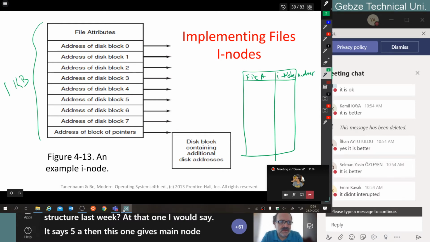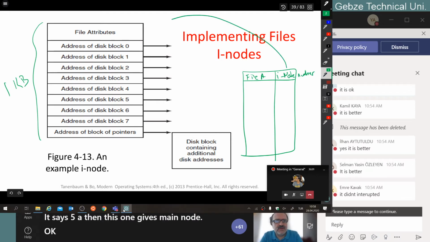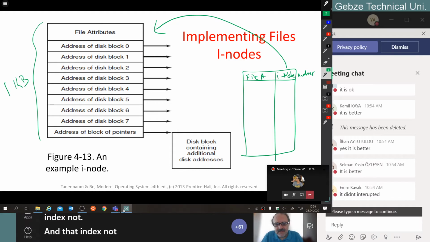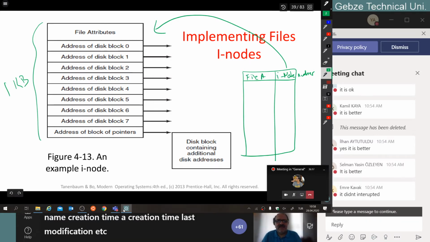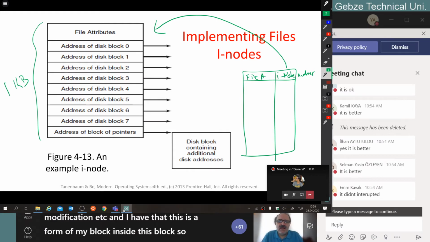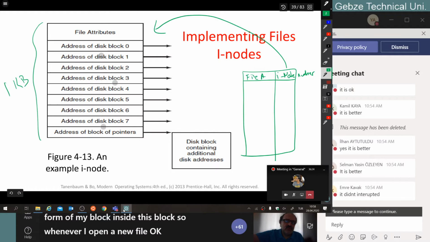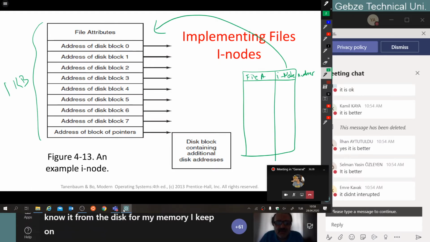This is just a pointer to an inode, the index node, and that index node has the file attributes, creation time, last modification, etc. And I have the addresses of all of my blocks inside this block. Whenever I open a file, I load this inode from the disk into memory. I keep only this one, so I don't have to keep the linked lists of all the files in memory all the time.